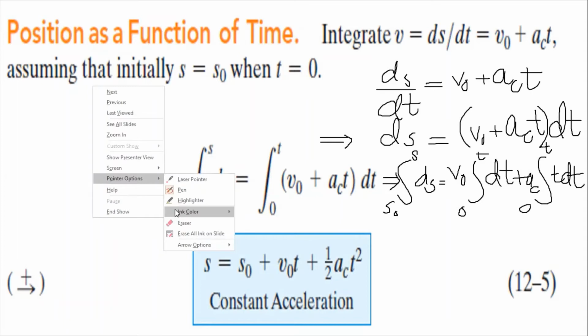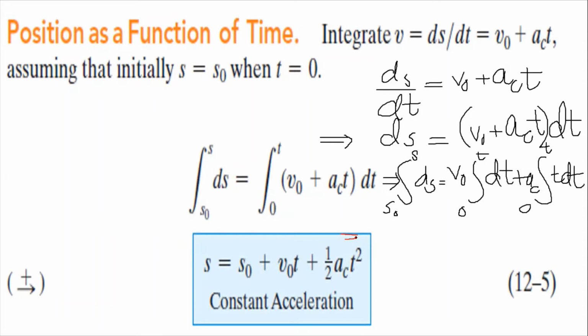Let me take another pointer color, red, it will be more visible to you. When we integrate it, it will come out as initial s naught, final s.